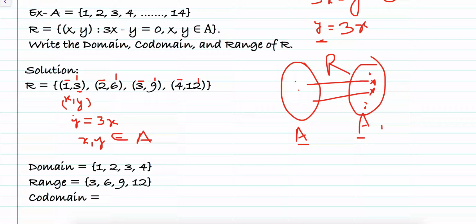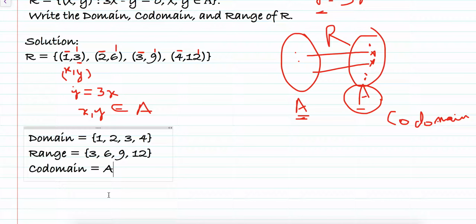So this entire set we were calling the codomain. Here this relation is from A to A. So the entire set A will be the codomain, equal to 1, 2, 3, 4, all the way up to 14.